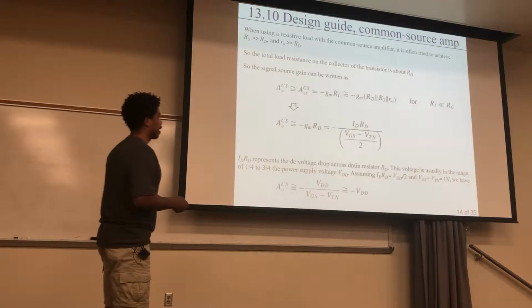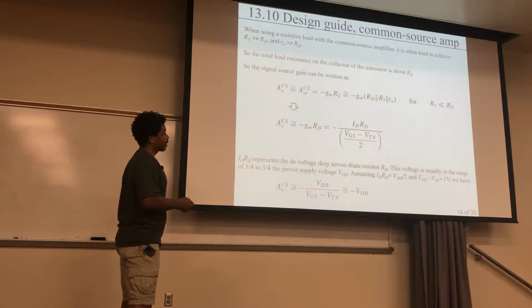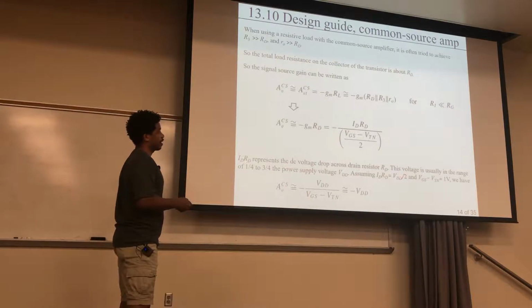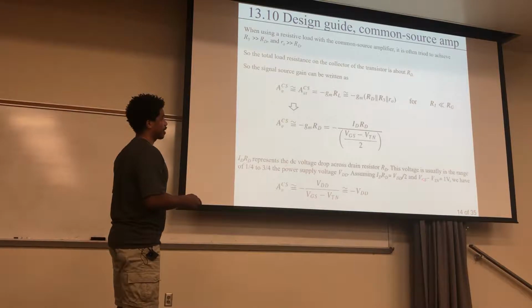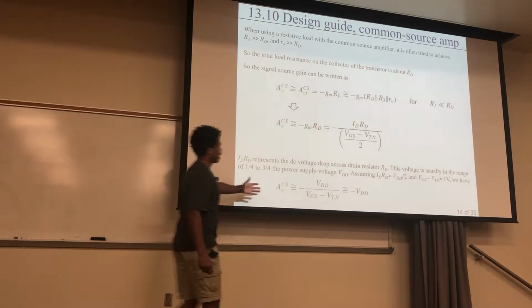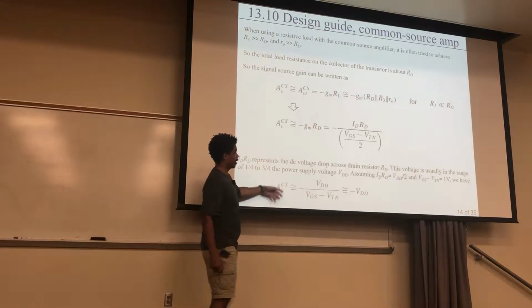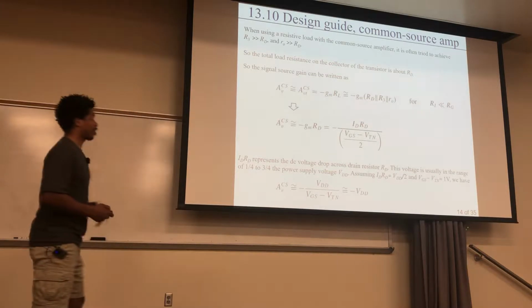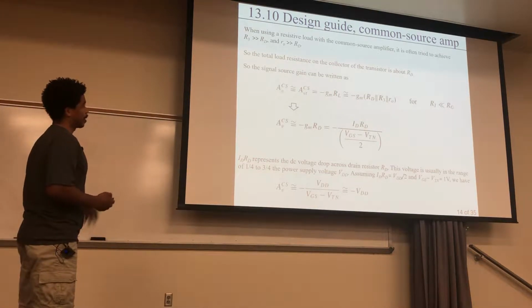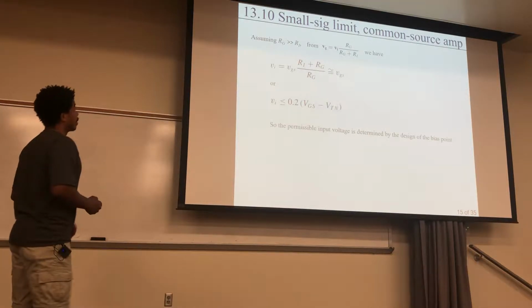If you assume that your ID times RD is about equal to half of your VDD, and this difference between VGS and VTN is about 1 volt, then you can express it like this, where your gain is just negative of your VDD. That's an approximation, but these kinds of things are used when people design these circuits.